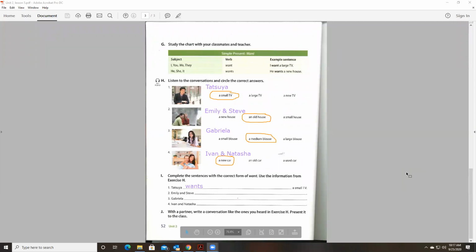Okay, so now let's look at Emily and Steve, Gabriela, and Ivan and Natasha. You need to use the information in exercise H to answer number 2, 3, and 4.